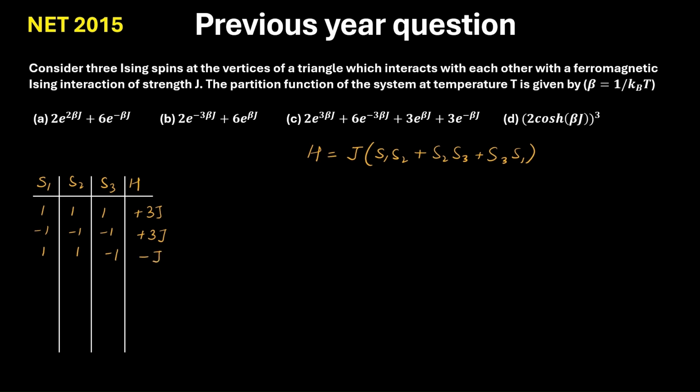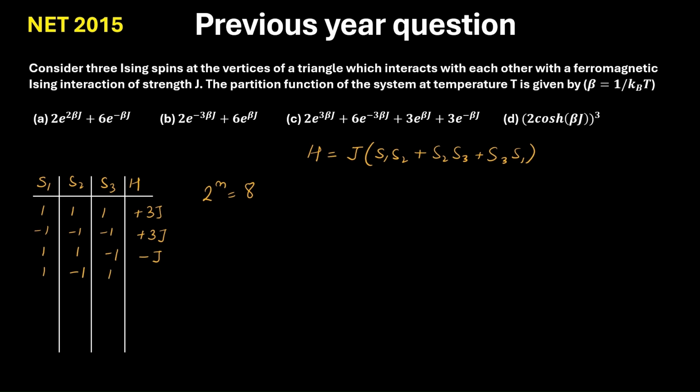So like this, you can pause the video and write all the possible configurations. By the way, the number of configurations will be 2 to the power n. So we will have 8 configurations because there are 3 Ising spins. So I will write down all the possible 8 configurations. So another one is 1, minus 1, 1.